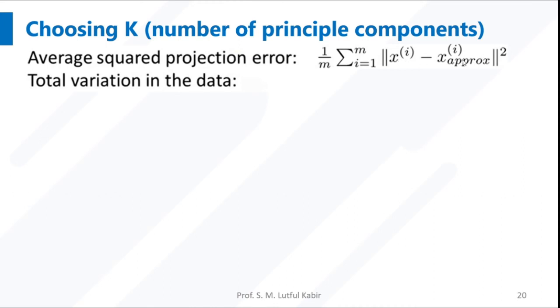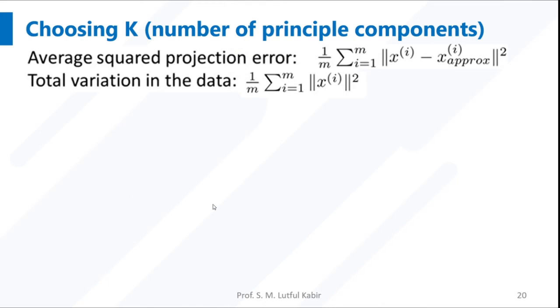So xi minus xi approximate will give you the error, and that error squared, summed over 1 to m and averaged over m, will give you the total projection error. Similarly, the other expression is total variation in data. That is all the values of x, that means the length of the vector squared, summed again over 1 to m and then divided by m.